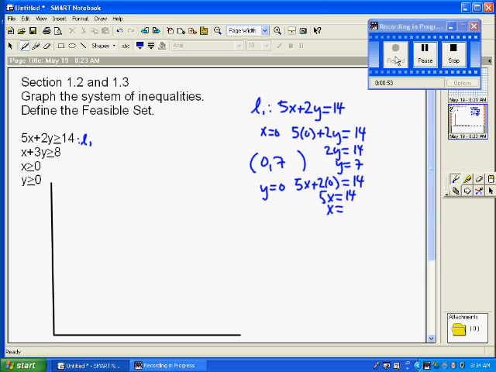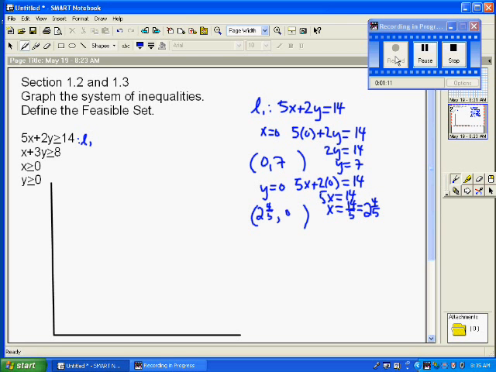And I end up with x equals 14/5, which is approximately equal to 2 4/5. So my ordered pair now is (2 4/5, 0). So that'll make graphing this one not so bad.